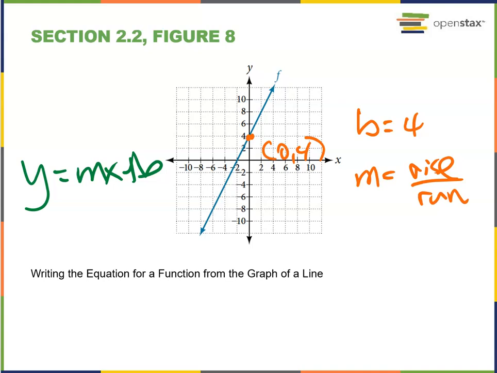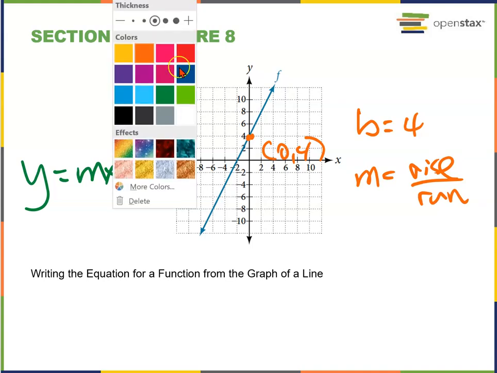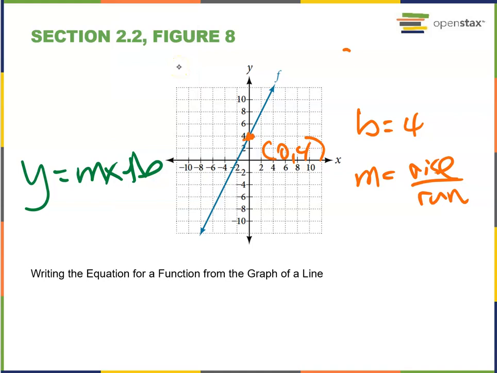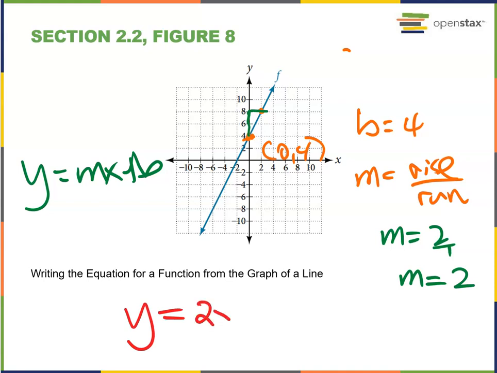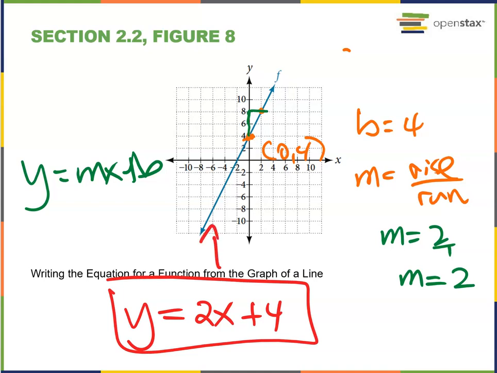You can just choose 2 points that are on the line. So let's say this point and this point here. From this point to this point, you go up 2 units and to the right 1. So 2 over 1, so the slope is 2. So now you'll be able to write the equation of this graph. So y equals 2x plus 4. This is the equation of that line.